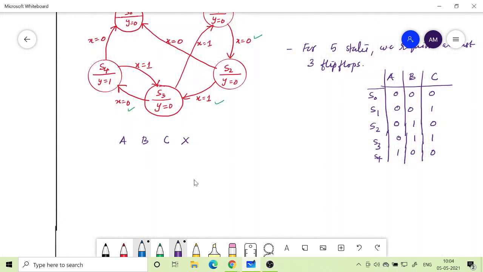The combinational circuit only needs to be designed for the next state. So I will just directly write dA, dB and dC, because I know that QA plus is basically the same as dA, so that's why I am doing it like this.